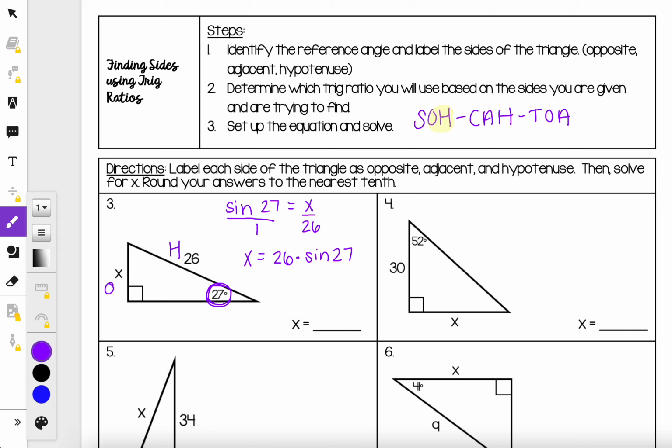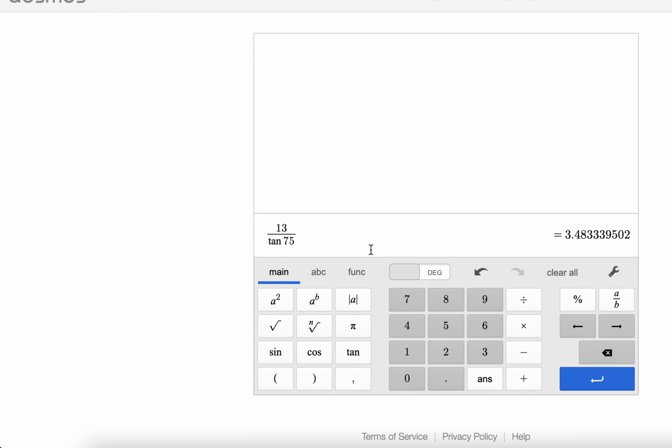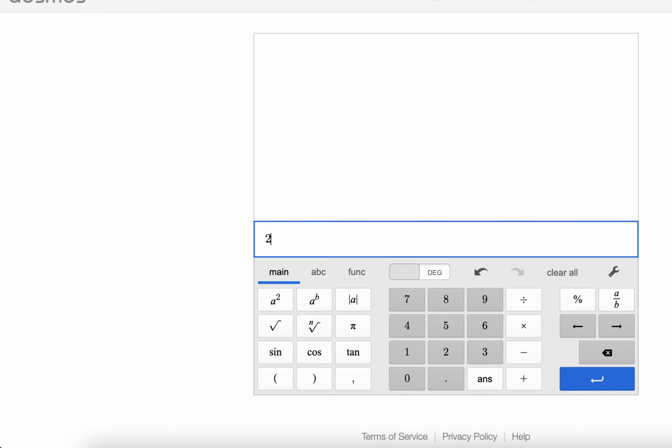Okay, so let me see if I can get Desmos in here. All right, and I'm just going to type 26 times the sine of 27. So you just plug that right into your calculator. One thing that's really important to note is when you're using a calculator, it has to be in degree mode, okay? So there's radians and degree modes.